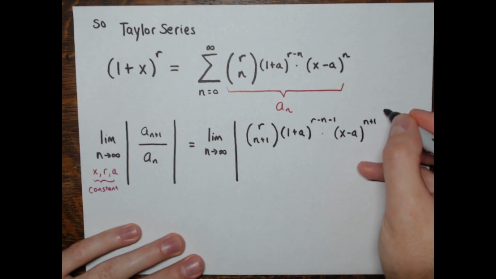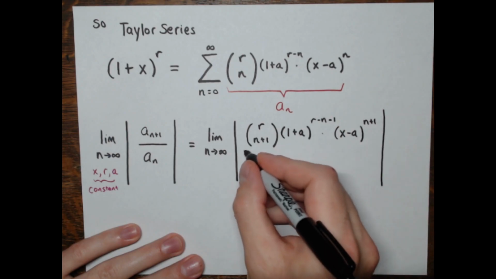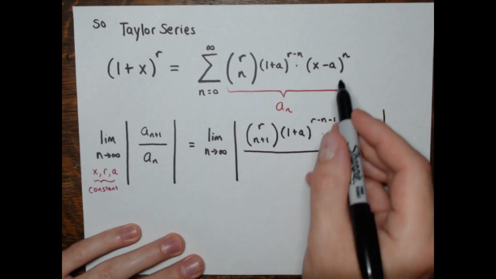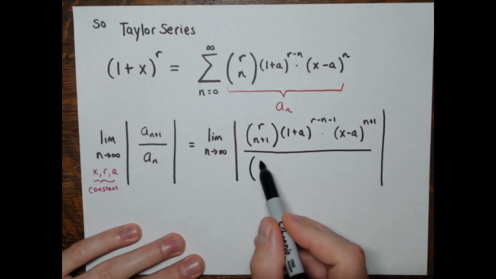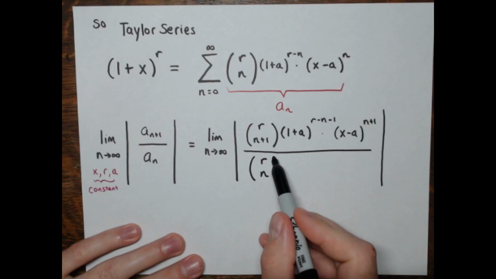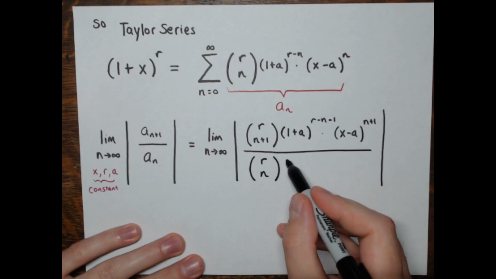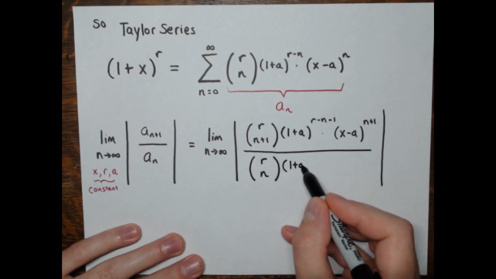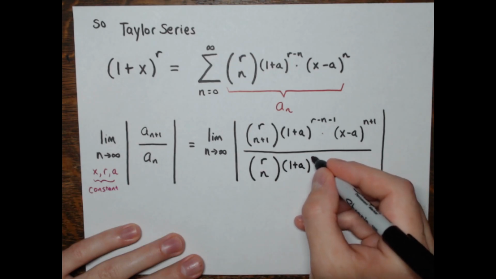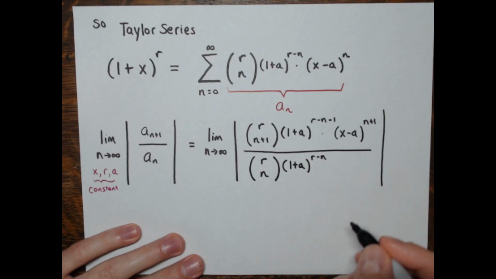And then we're dividing this by a sub n, the previous term, r choose n, times 1 plus a to the r minus n.